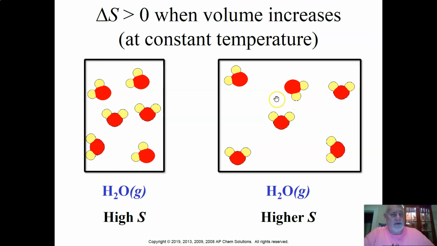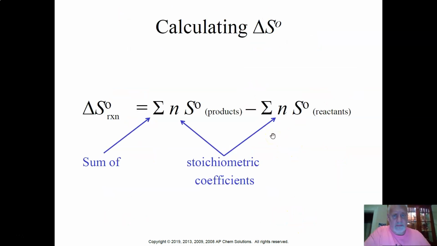If you were to increase the volume of a container, as we mentioned, it just gives those gas molecules a chance to be even more random. And then this is the last thing that we're going to do. This is actually a nice little short lecture for you today. If you take a look at this, this is in your purple sheet, and it should seem familiar to you.